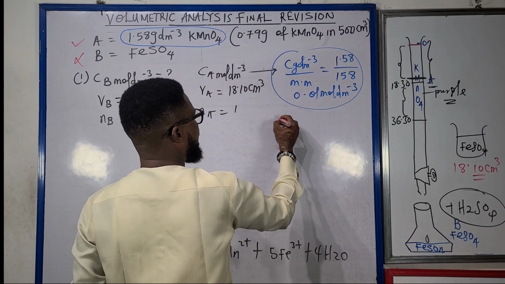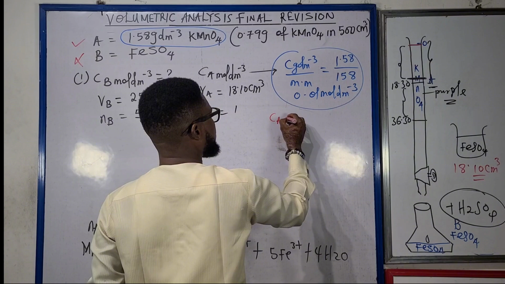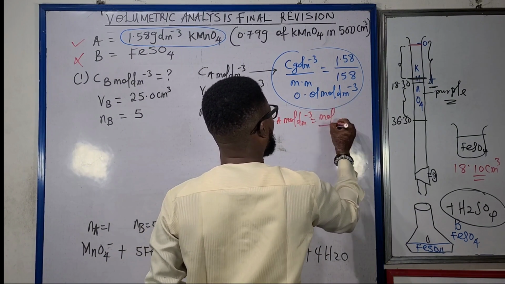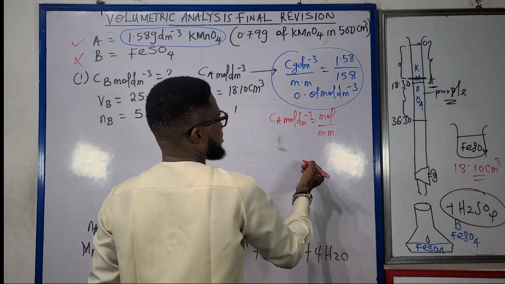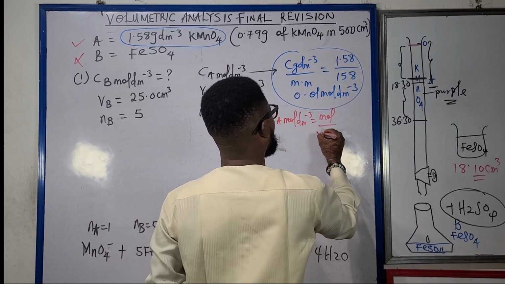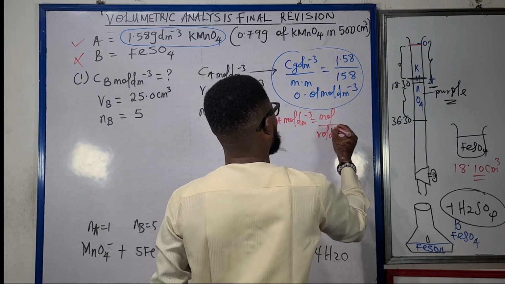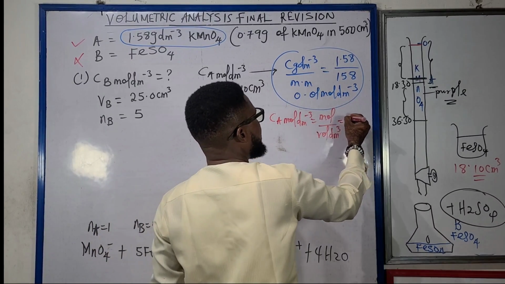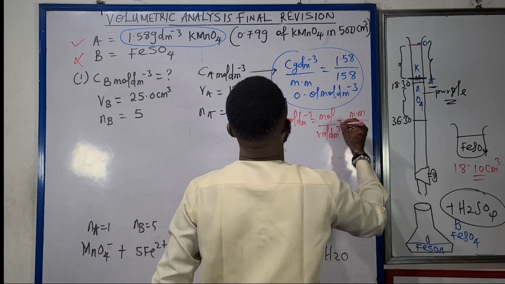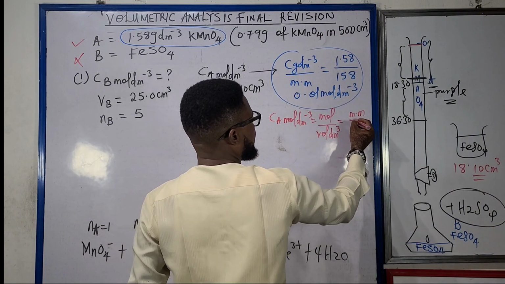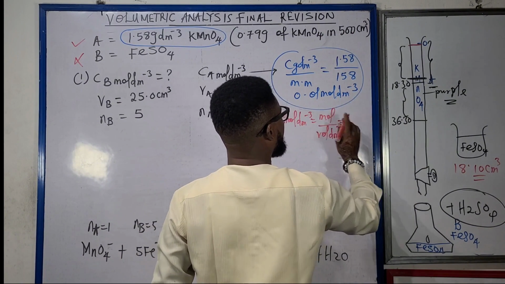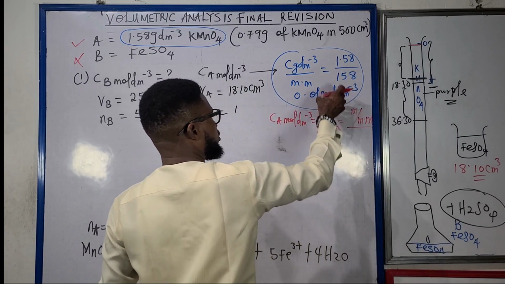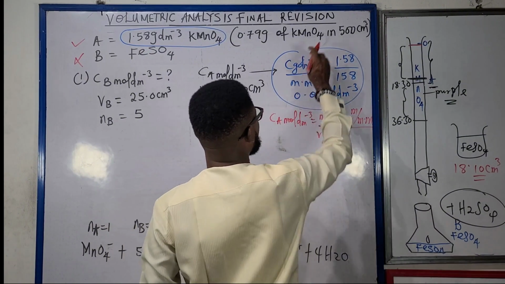Concentration in mol/dm³ is actually amount in moles over volume in dm³. So moles here is mass over molar mass, since our volume is in cm³. Mole equals mass over molar mass, that's for the numerator. And then the volume here, we have to change the 500 cm³ to dm³.